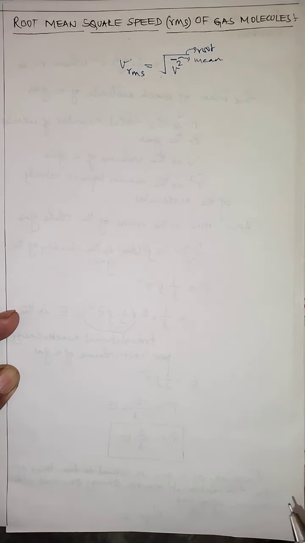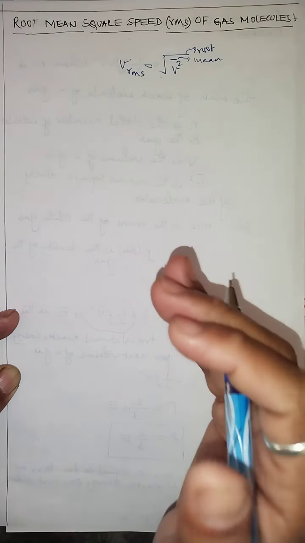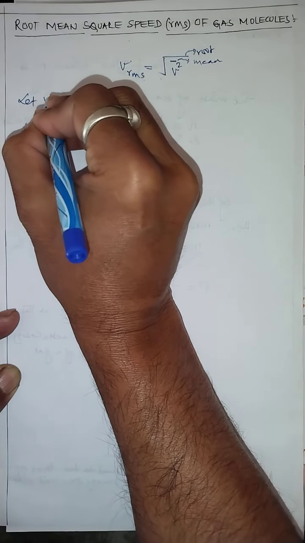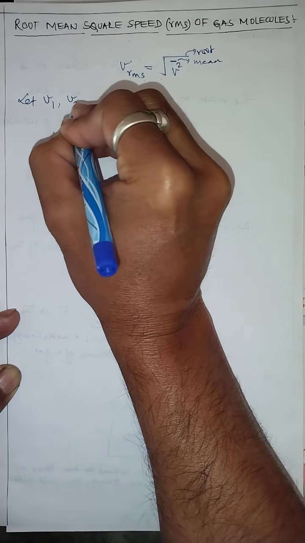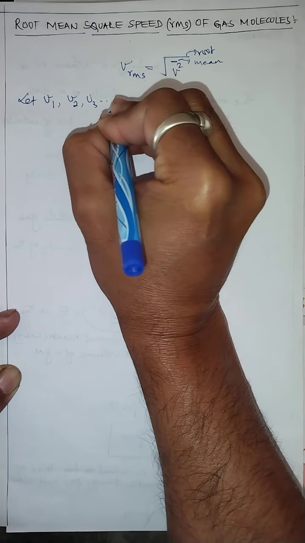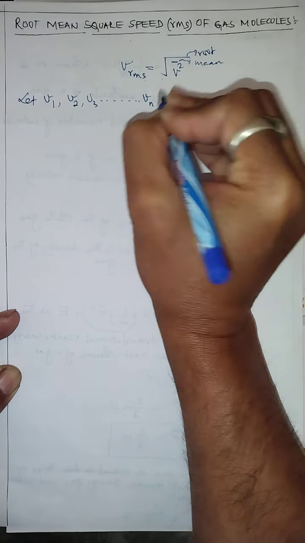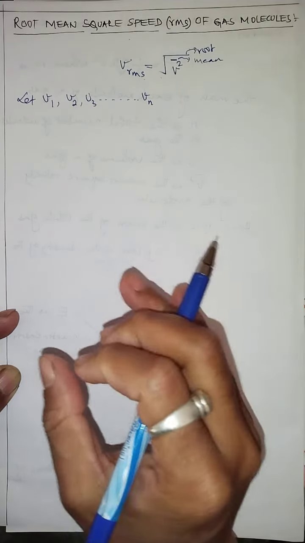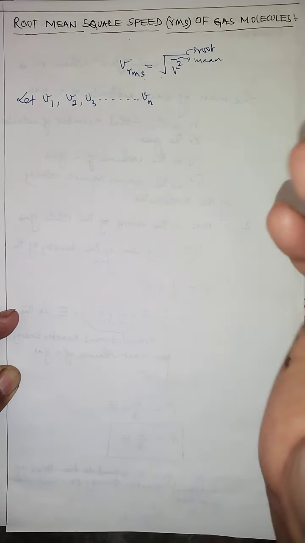For that, let me consider there are a certain number of molecules of the gas, and they all move with different velocities or speeds. Let them be v1, v2, v3 up to vn. I am considering this way because there are n molecules of the gas, and n can be of any value.